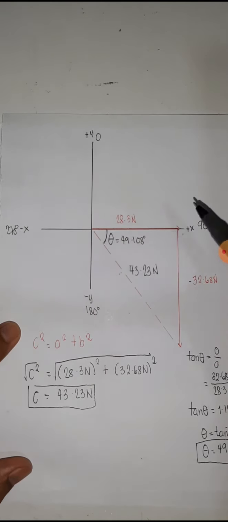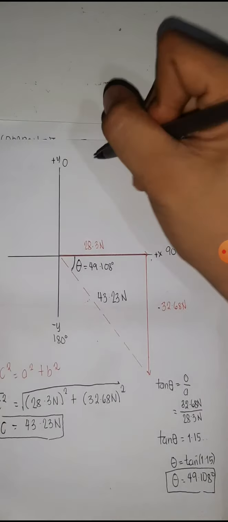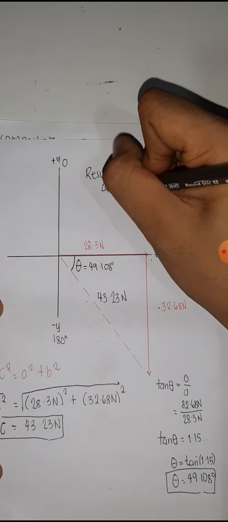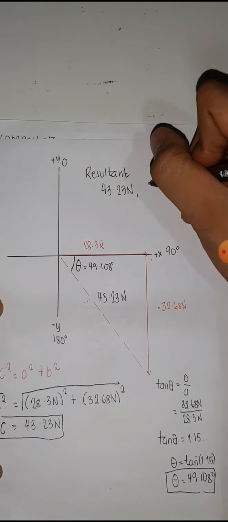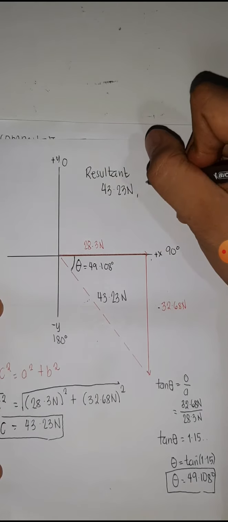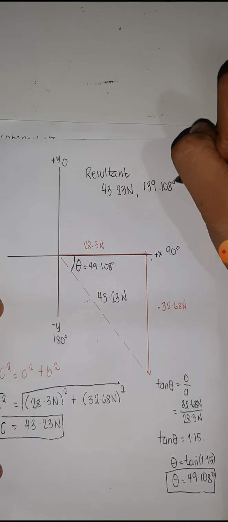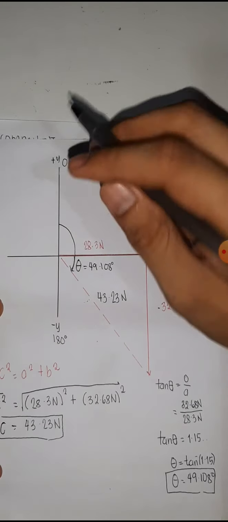So we're just going to add 49.108 plus 90. So the resultant has a magnitude of 43.23 Newton, and the angle, just for us to be consistent with the givens, we add 90, so that would be equivalent to 139.108 degrees. That is from this point up until your resultant.